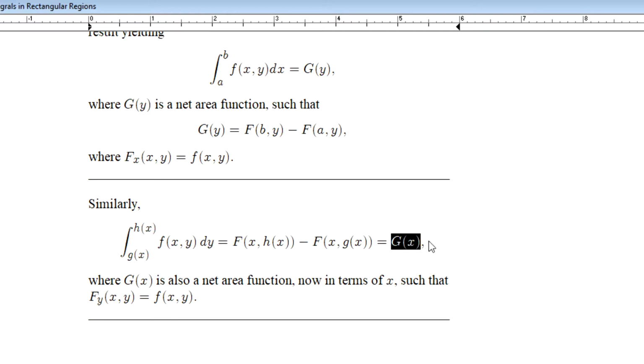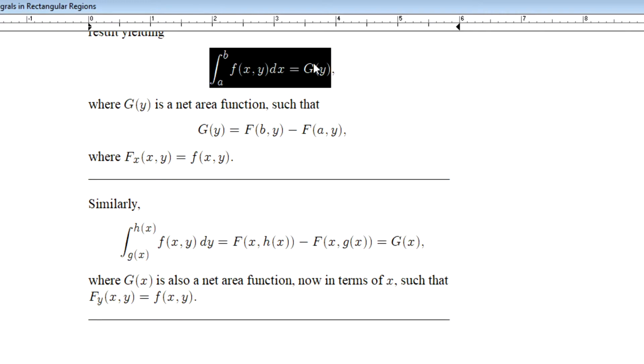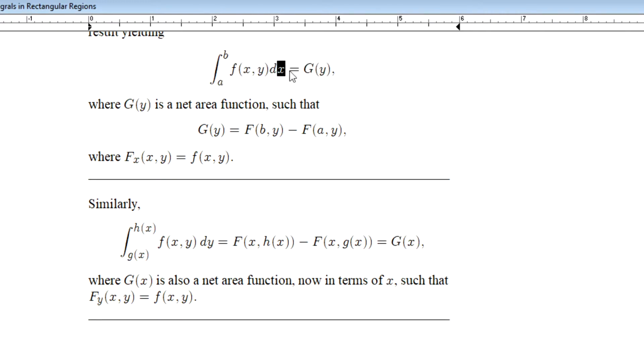It's going to be itself a function of x, a lot like this integration up here produced this function of y when we integrated that multivariable function f of x comma y with respect to x. If I now come back and consider integrating, as we did in this case, with respect to y across these variable bounds, what that is going to produce in turn is a function of x.